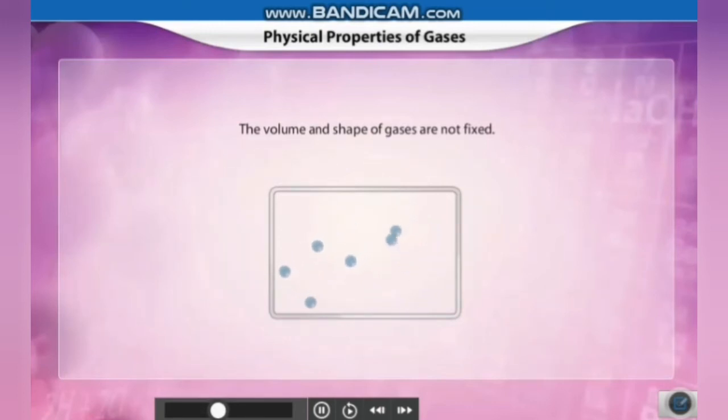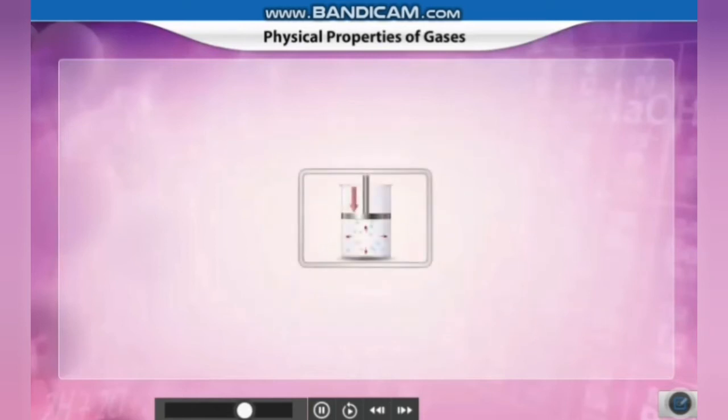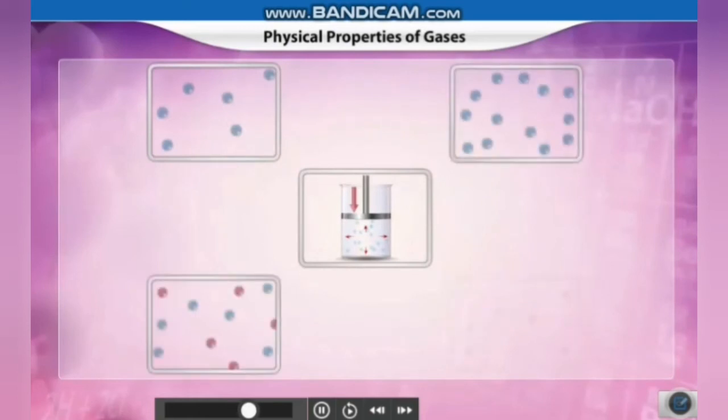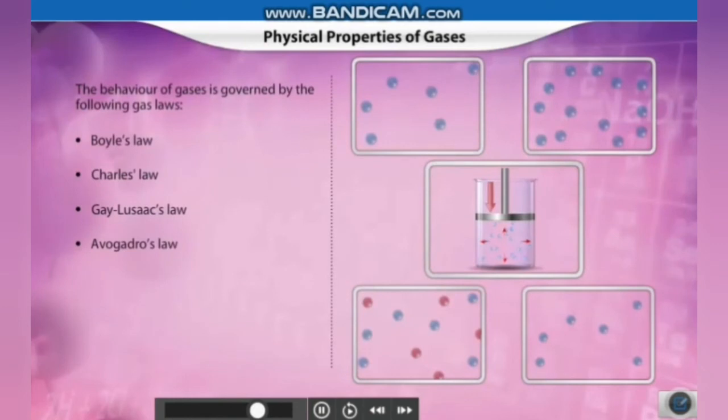Here we will be learning about some of the gases and their laws, because these gases mix evenly and completely in all proportions. Now, these properties of gases are governed by a few gas laws. They are Boyle's law, Charles' law, Gay-Lussac's law, and Avogadro's law. Let us learn each law one by one.